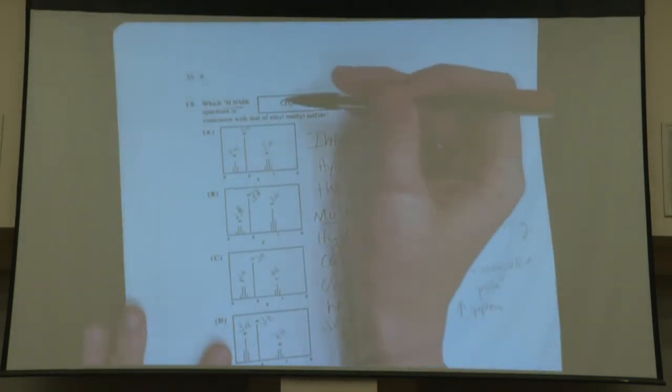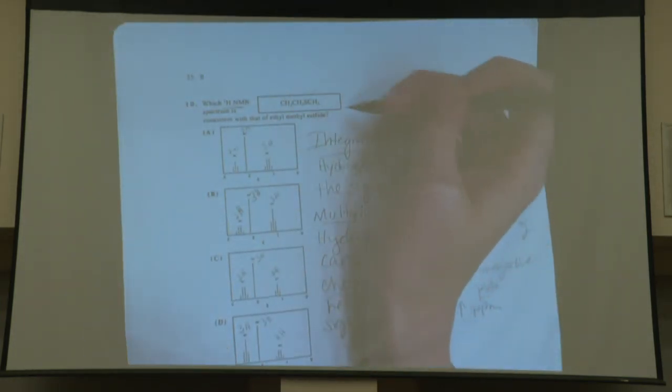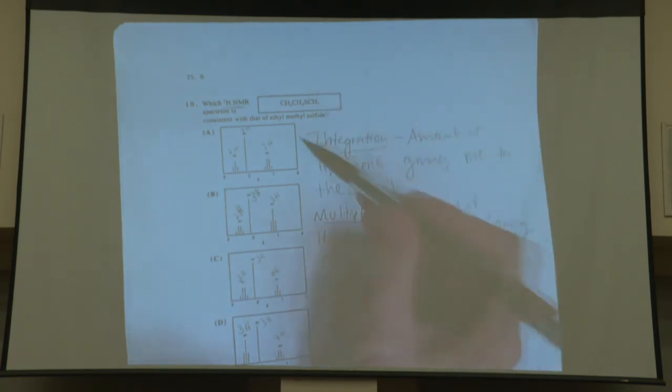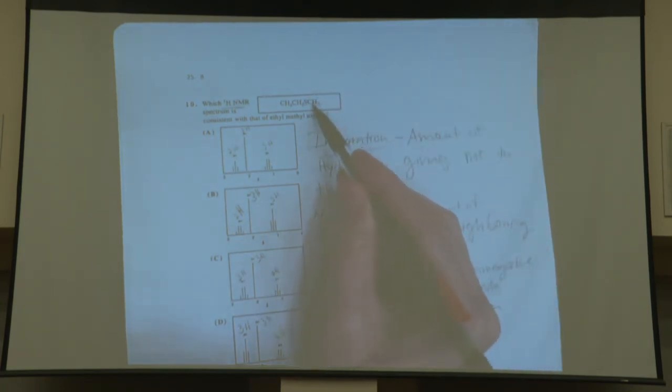So if we look at our compound, we have a CH3, right? All 3 of these hydrogens are going to give rise to a signal, so they should have an integration value of 3. What kind of multiplicity are they going to have?